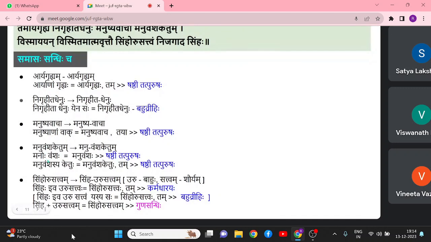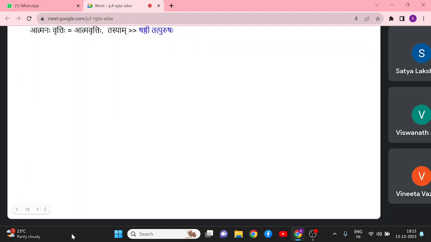Manuvamsha Ketum, this is describing Dilipa. Simhoru Sattvam, again this is also Dilipa, who is very forceful or very courageous as a Simha. And Atma Vruttau, Atmanaha Vrittihi Paristitihi, like his own self state.